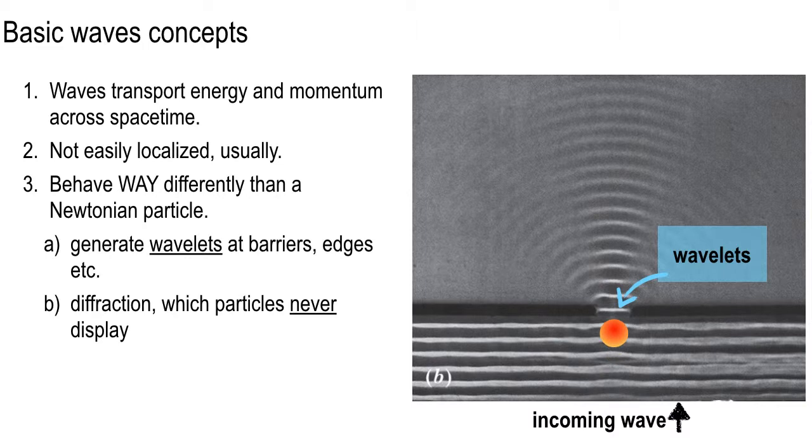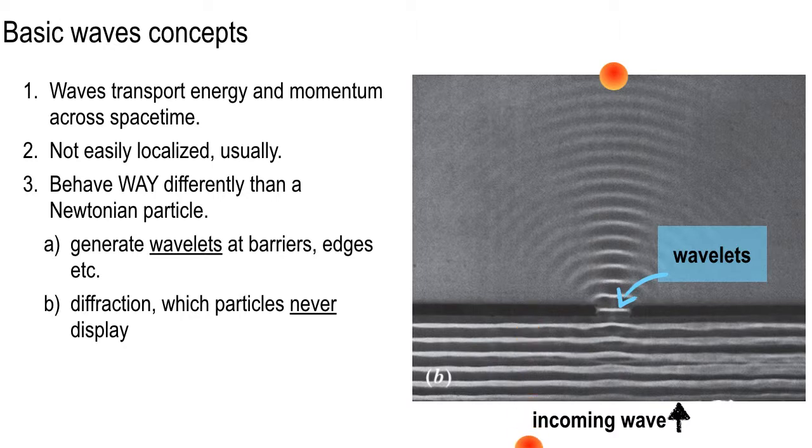So here's a Newtonian particle, this red one. I can just go ahead and look at the animation. You know what a Newtonian particle will do? It won't form wavelets. What it will do is it'll get to the barrier and then it'll go straight through. Or if it's off to the side, it'll hit the barrier and then bounce back, but it won't diffract.